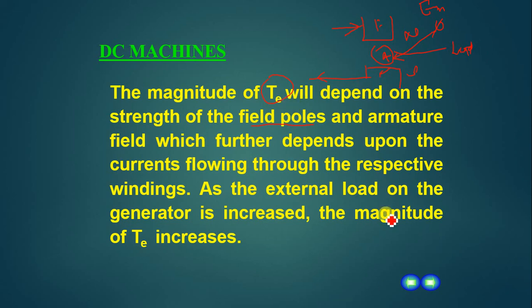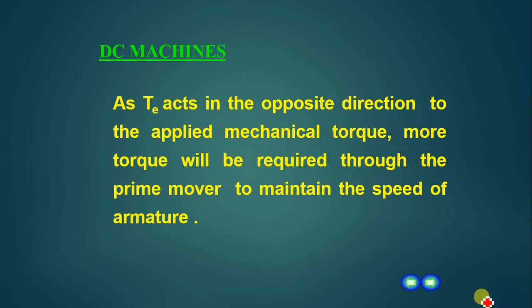As the external load on the generator is increased, the magnitude of the electromagnetic torque also will increase. If the load is more resistive in nature, the more TE is generated. That means the opposing force will be more. The electromagnetic torque depends upon the magnetic lines of flux, and it is exactly opposite to the direction of the mechanical torque.